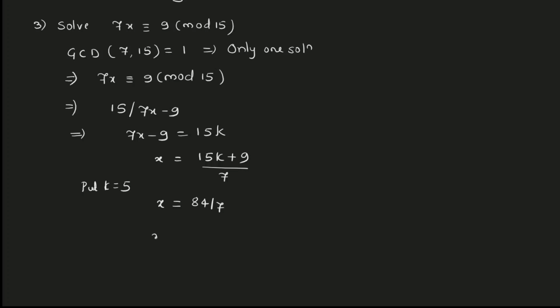Yes, so your x is 12. This is the only solution that exists. So whenever your GCD in a linear congruence is 1, then it is easy to find the solution because you will get only one solution.